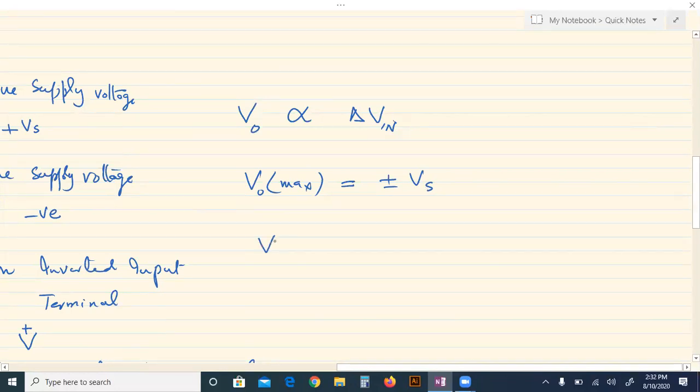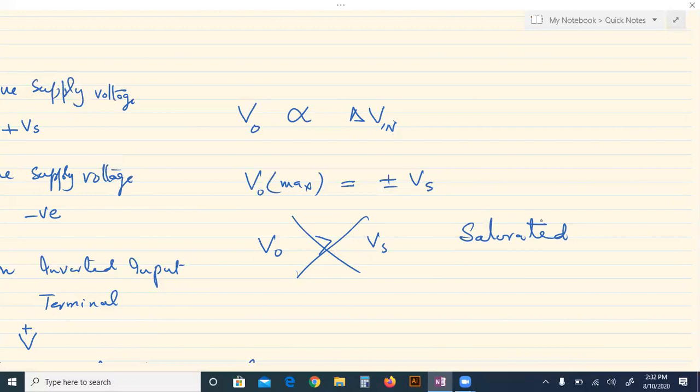If the output during calculation comes out greater than the supply, it's wrong. It means your operational amplifier is saturated, meaning it cannot deliver output greater than the supply. The maximum is the supply, and after this it is called saturated, meaning there is a fault in it.